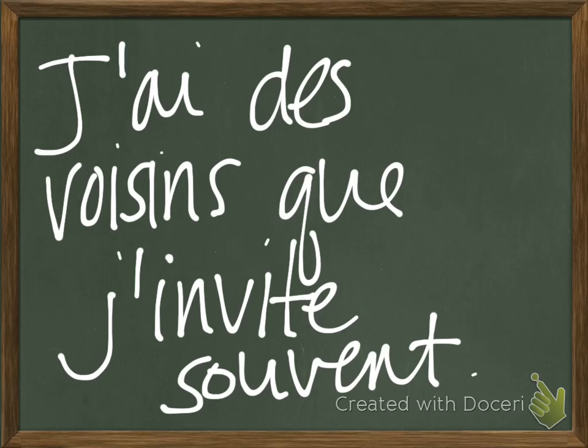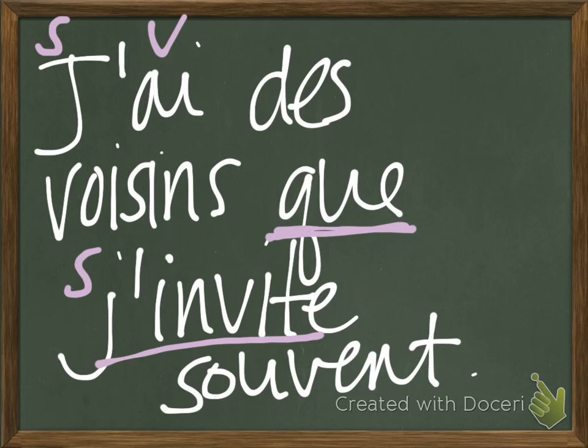So in our rewritten sentence, j'ai des voisins que j'invite souvent. So here you have a subject and a verb, and after the que, you have another subject and verb. So that's one way that I remember it, is that after the que, you need a subject, whereas the qui acts as the subject, and after qui, there's a verb.